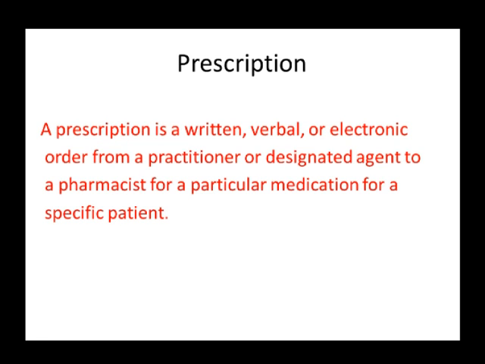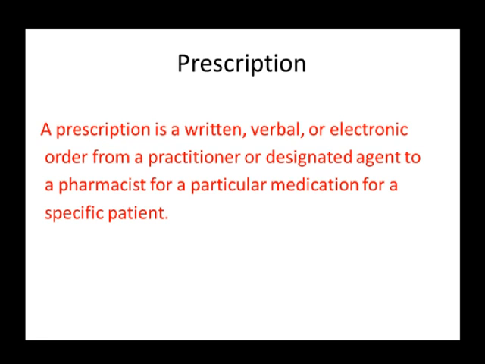It cannot be that I am giving a prescription for 100 individuals by writing it on a single paper. It cannot happen. If a doctor is seeing 10 patients per day, he needs to write 10 different prescriptions, even though the content of the prescriptions in all those 10 patients might be the same.